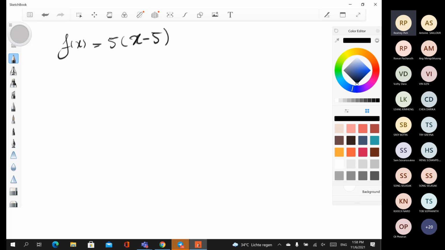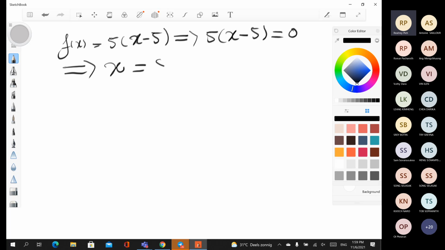So we try to make f(x) equal to 0. In order to find the critical point, we set our differential equation to be 0, because this is the definition of the critical point. So 5(x - 5) = 0, and we can see that x = 5.